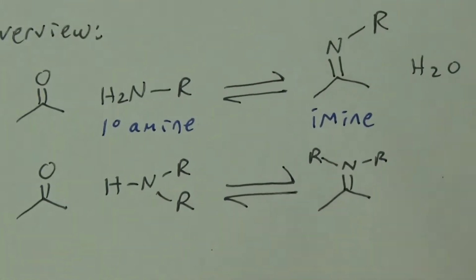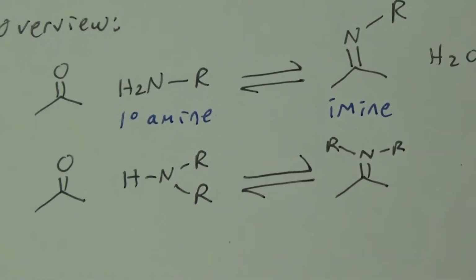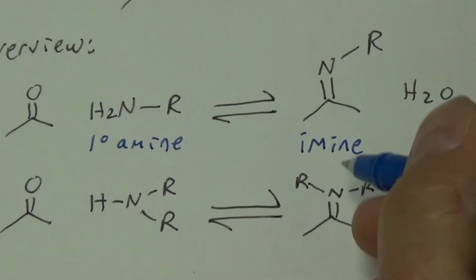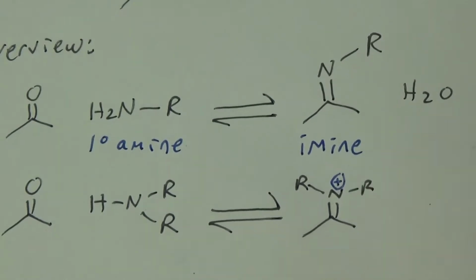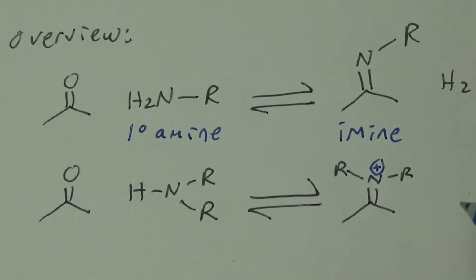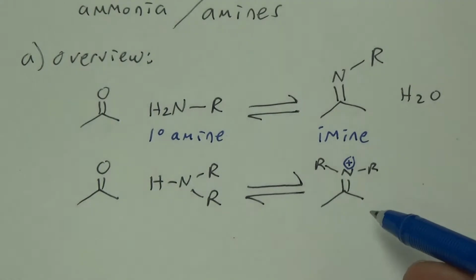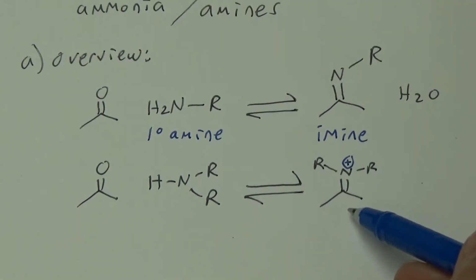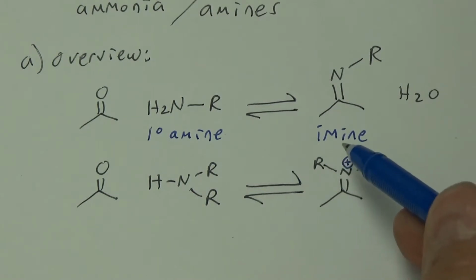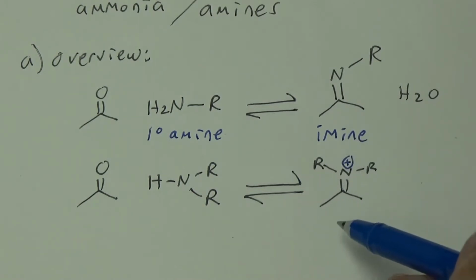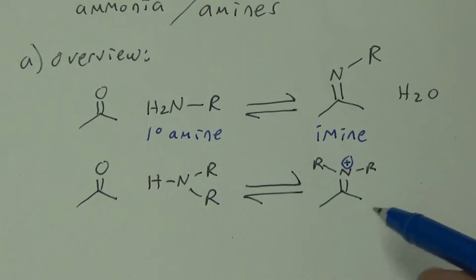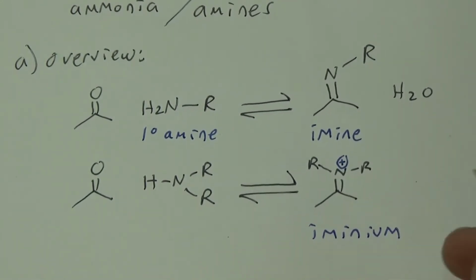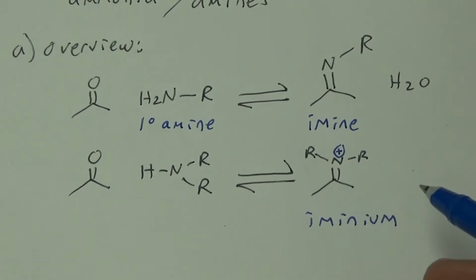Are there any charges somewhere? Any charges on the nitrogen with 4 things on it? Well, yeah, it's positively charged now. And we have this theme where if things are positively charged, not everything, but a lot of things, the name ends in IUM. This was an imine, with IUM at the end, which is iminium. So the name of this thing is an iminium.